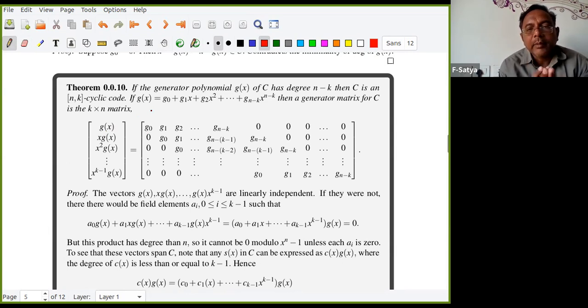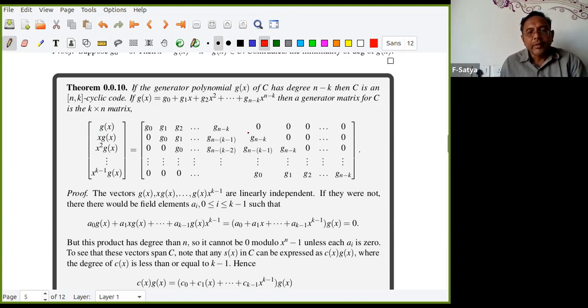If the generator polynomial g(x) has degree n minus k, then C is an (n, k) cyclic code. If g(x) equals g0 plus g1 x and so on up to g(n minus k) x power n minus k, then the generator matrix for C is a k cross n matrix. How is it constructed?